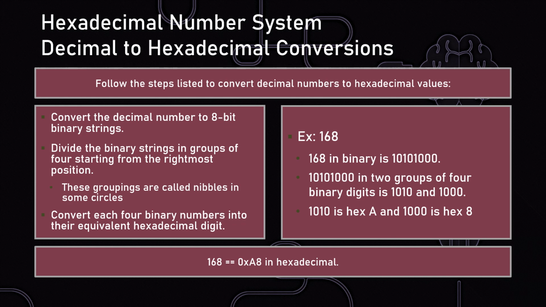These nibbles can be converted to their equivalent hexadecimal digit based on the table or based on the mathematical equivalence of the binary value. So 1010 is the same thing as saying 8 plus 2, which is 10. And remember, in hex, we start with the letter A after the number 9. So A is 10. And then 1000 is the same thing as saying 8 in decimal.